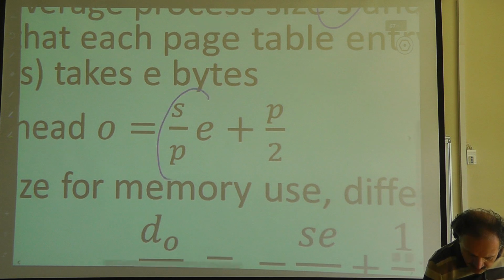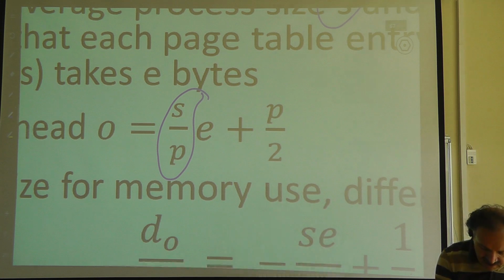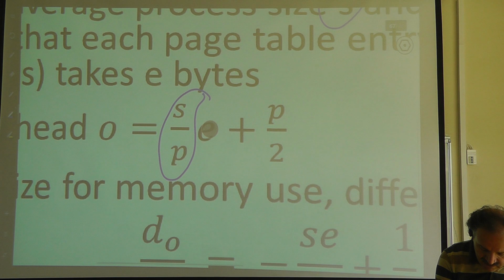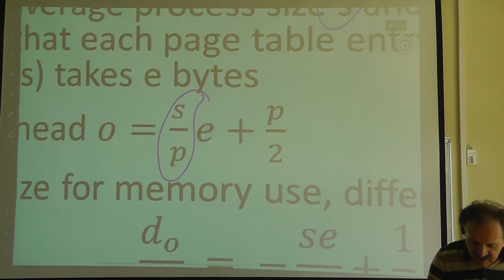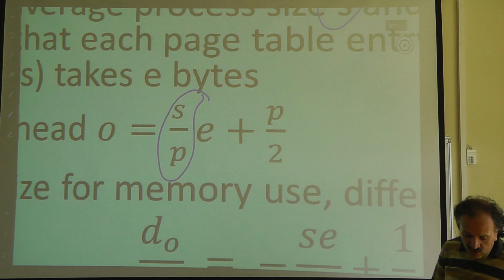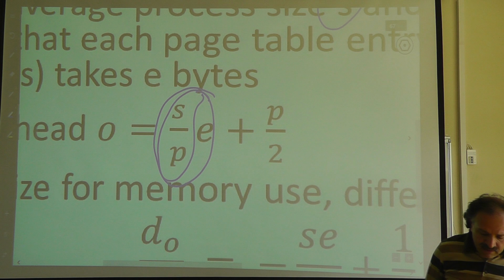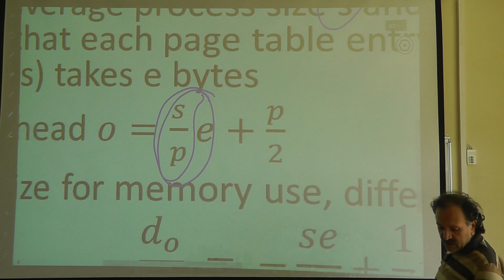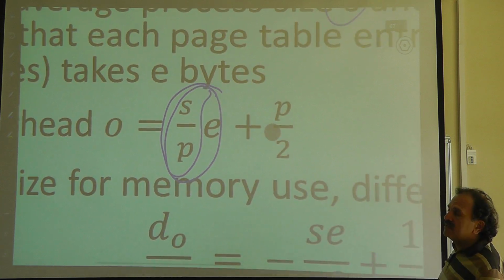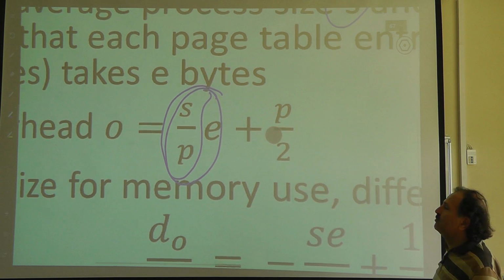If I multiply the number of pages in a process with the number E, which is the number of bytes in the page table entry, this number becomes the overhead due to the page table, and this number is due to the wasted space of the last page of the process. Okay, last page of the process.